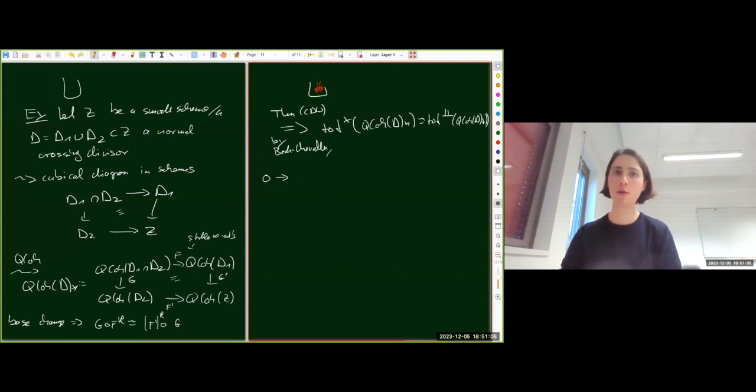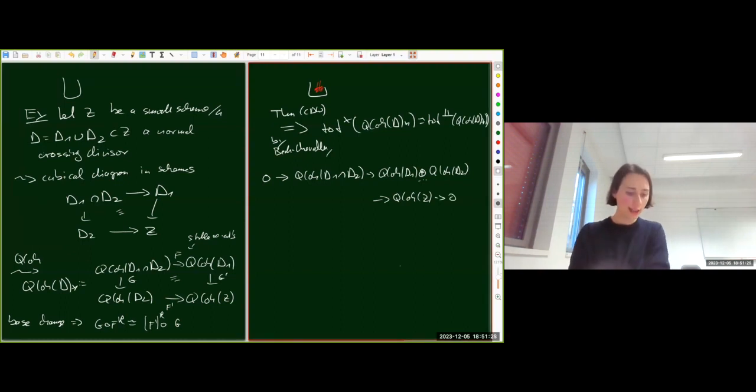We would have 0 going into QCoh of D1 intersected D2, and then into some sum of QCoh D1 and QCoh D2, and this goes into QCoh of Z. We call it the categorical intersection complex.